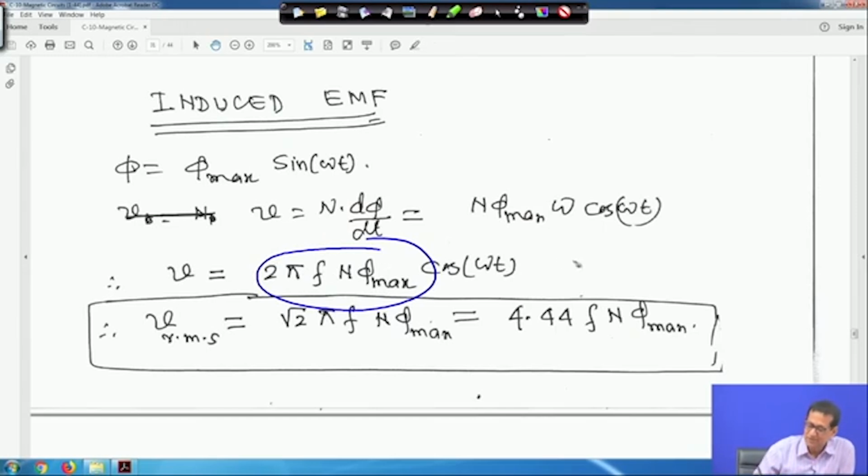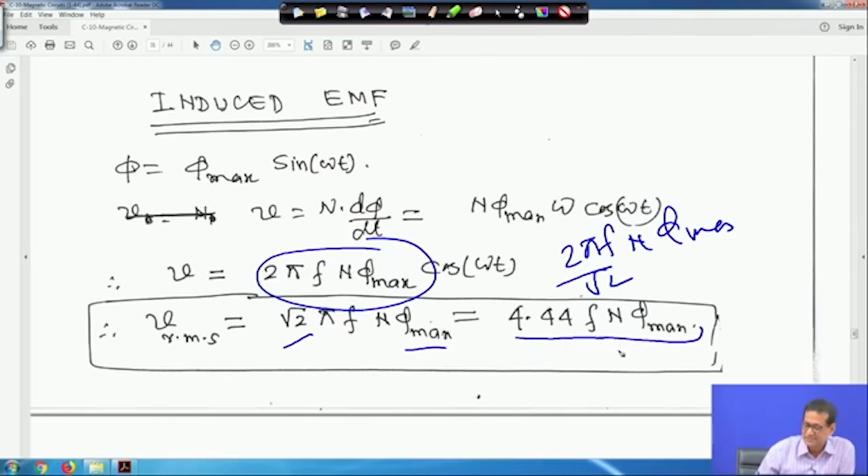Divide this by root 2, 2 pi f n phi max divided by root 2, so it will be root 2 pi f n phi max, which is 4.44 f n phi max. This is the RMS voltage. A simple thing: I have written that flux phi is equal to phi max sin omega t, then how the voltage will be induced, and we know V is equal to n d phi by dt.